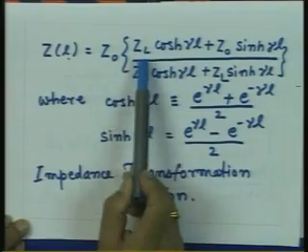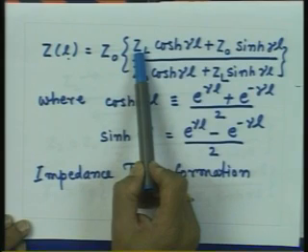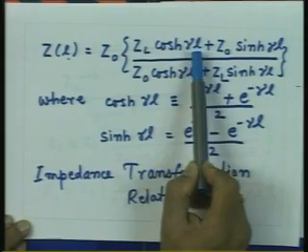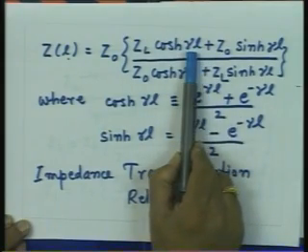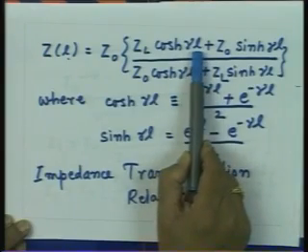In this case, if I replace ZL by, in general, the impedance at any location and measure the distances from that location, that L, if moved towards the generator, I take the distance L positive. If L is moved towards the load or away from the generator, then I take this distance negative.